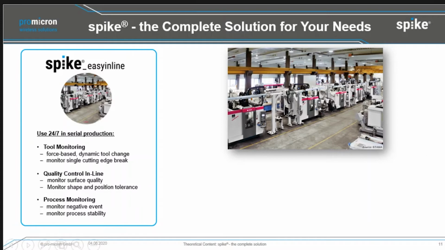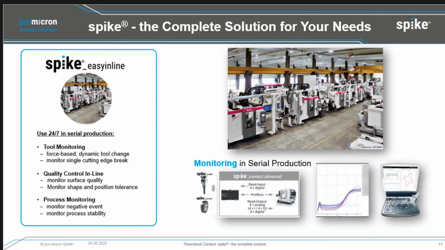You can think of tool monitoring, force-based dynamic tool change, monitoring the cutting edge breakout of the tool. You can think of inline quality control as seen at the beginning, monitoring surface quality or shape and position tolerances, and of course process monitoring itself, so negative event monitoring or monitoring of process stability. It all depends on your demands.